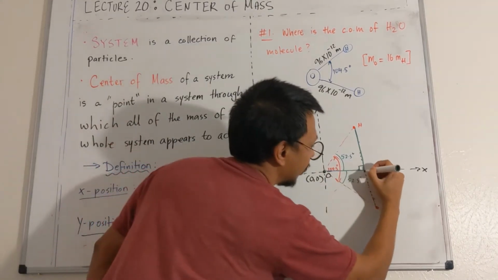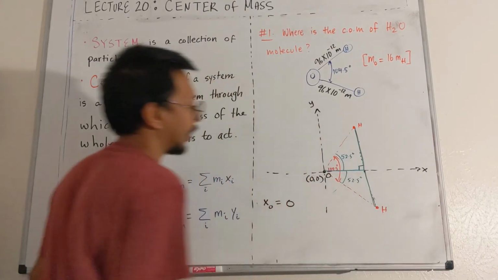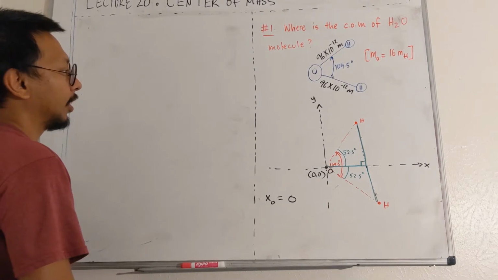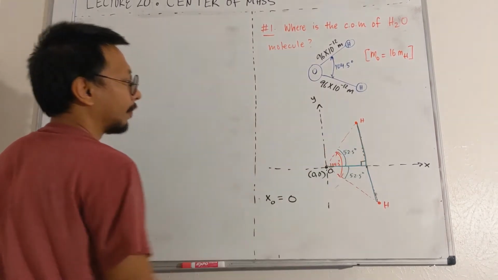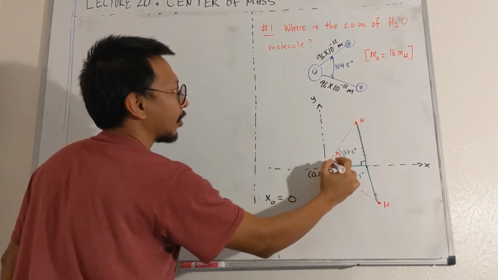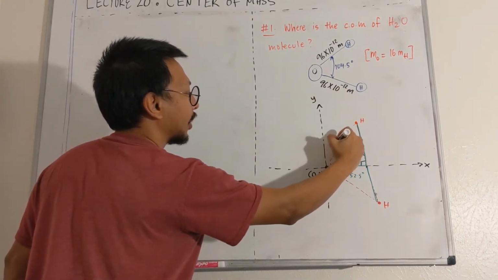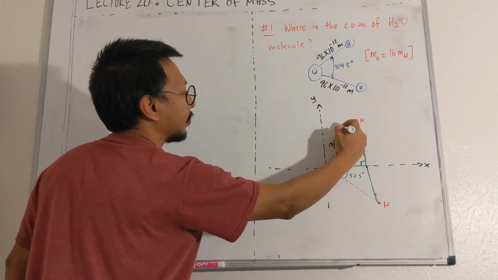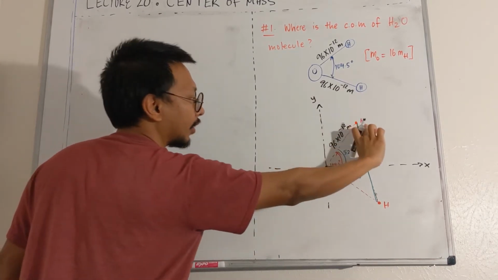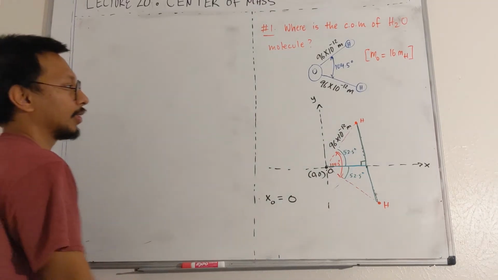Now let us use these two triangles to find the x positions of both of the hydrogens. Using this upper triangle, we already know this hypotenuse has a length of 96 times 10 to the minus 12 meters. Since we know one of the angles, we can find this side.